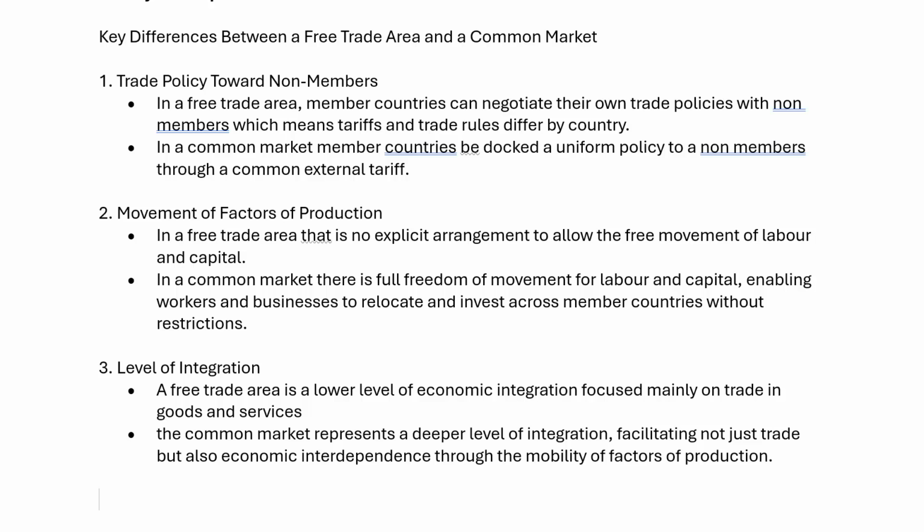The distinction between a free trade area and a common market is essential in understanding the varying levels of economic integration.